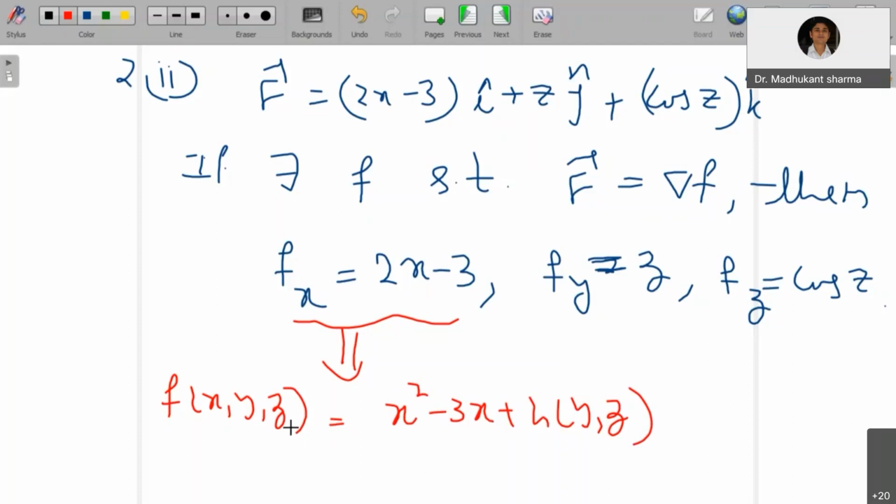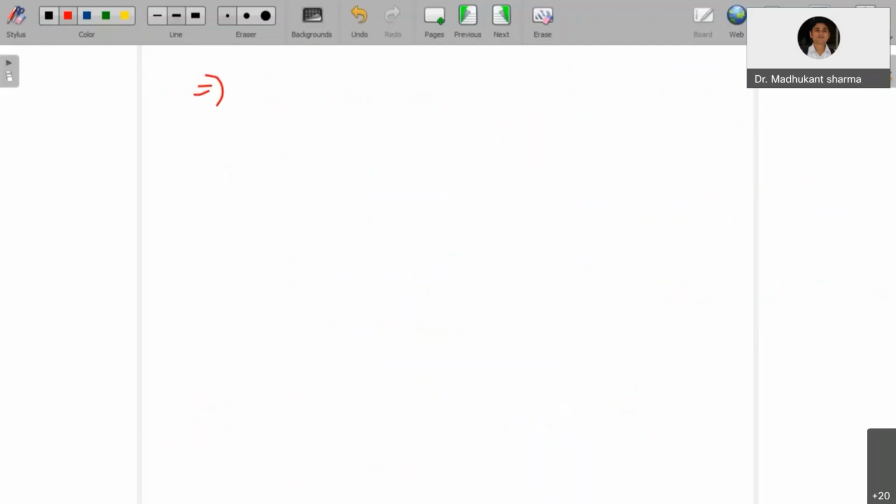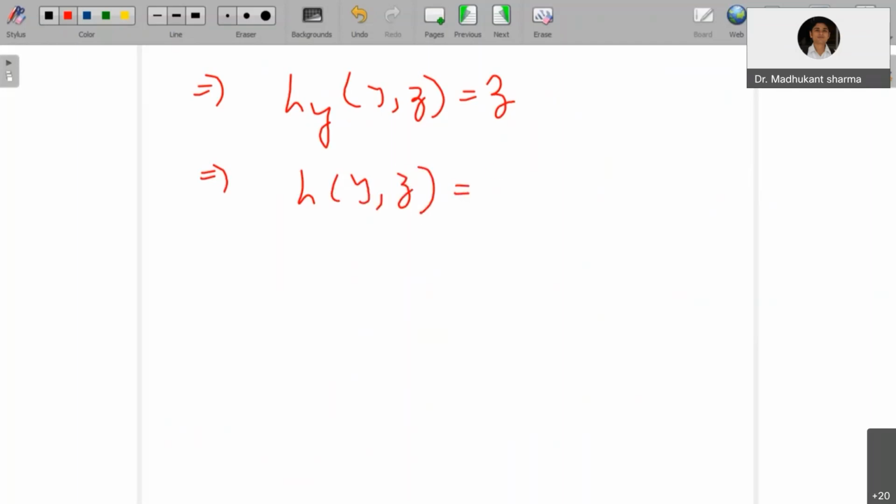Now, fy is equal to hy of y comma z, that must be equal to z. So now hy of y comma z is equal to z. Now integrate partially with respect to y, what it will lead you, h of y comma z is equal to y times z plus g of z.